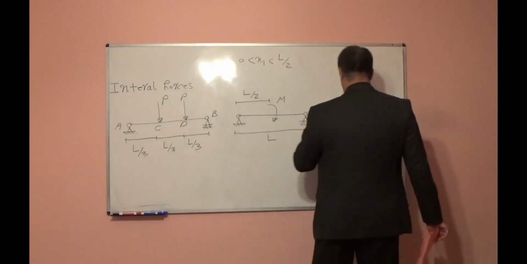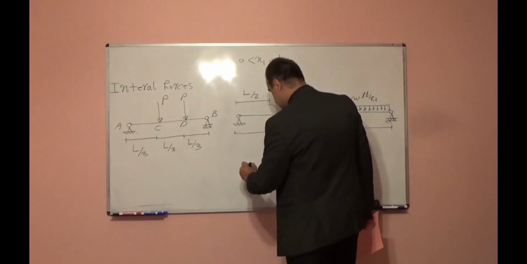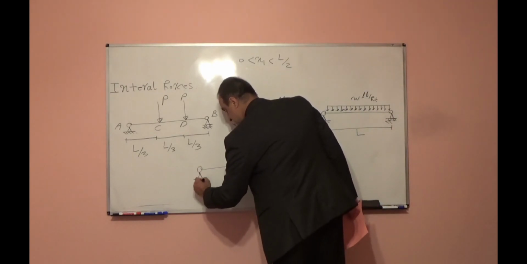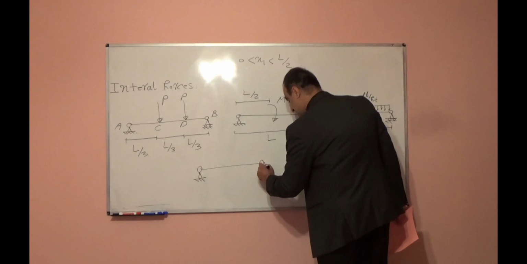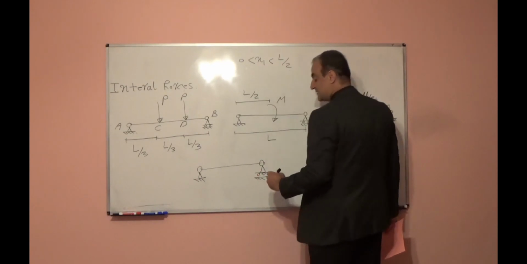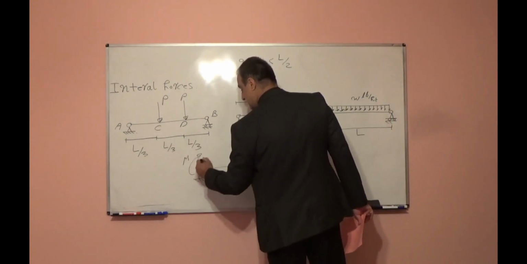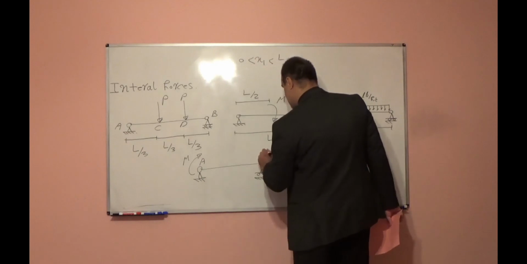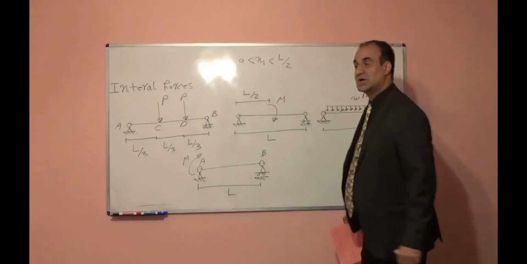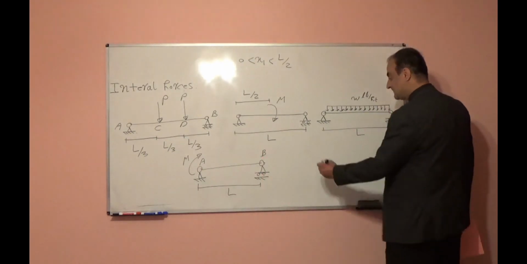So 1, 2, 3, and let me add one more. These are your homework problems. You have a simply supported beam subjected to concentrated moment here at support A, and the length is L. Draw axial force, shear force, bending moment diagram for this beam.